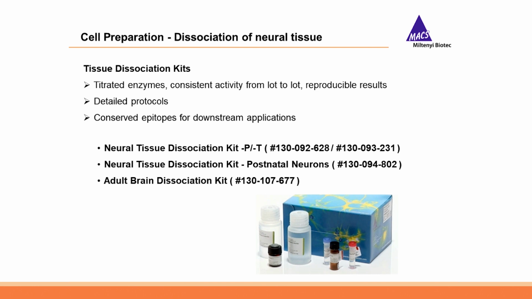We have different kits with different enzymes, and they are optimized for neonatal as well as adult tissues. For neonatal tissue, we have the Neural Tissue Dissociation Kit PNT, and there's also one kit that's optimized for postnatal neurons. And for the special needs of adult neural tissue, we developed the Adult Brain Dissociation Kit.